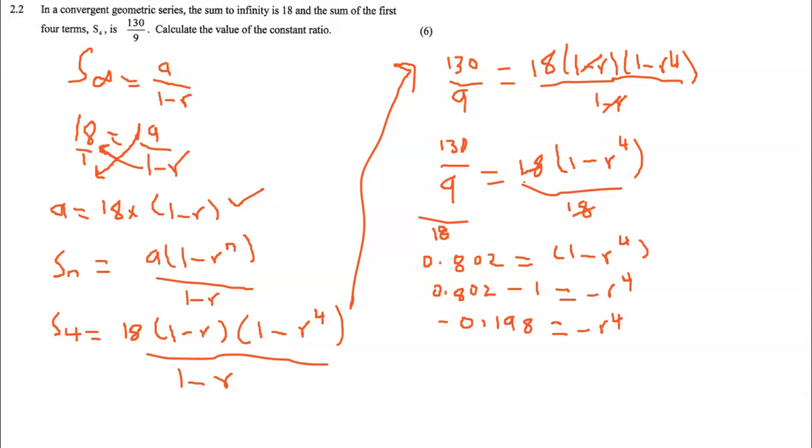Then we can divide both sides by negative 1, because R is negative and it's not doable to work with a negative R. So divide both sides by negative 1 to make your R positive before you do anything.